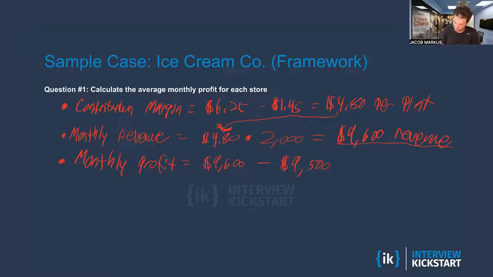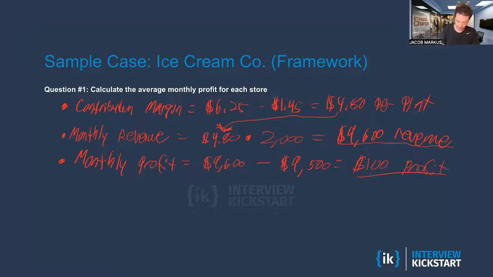Literally just adding those up, 9,500. That's $100 a month in profit. So that doesn't seem like much. I guess my first instinct is it is profitable, so that's worth calling out. Better than running at a loss. But that doesn't sound great to me.